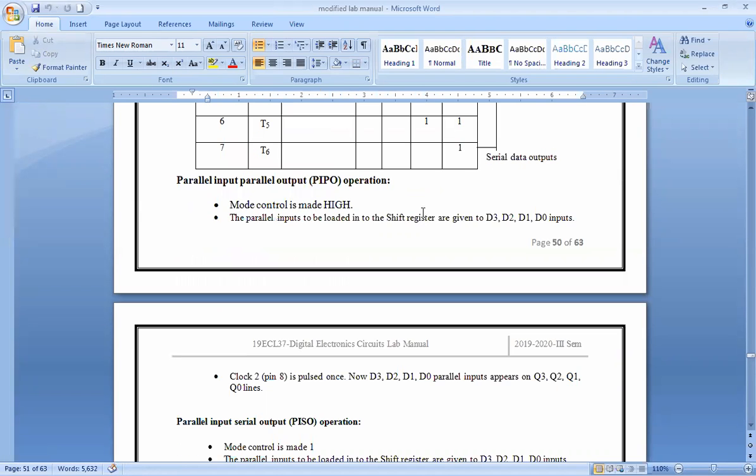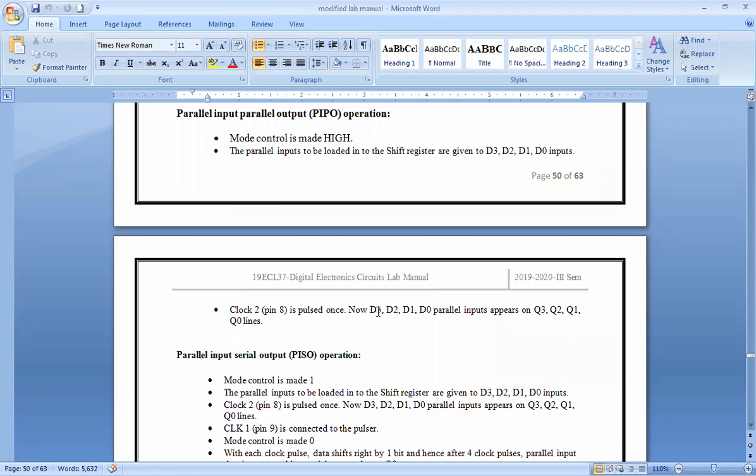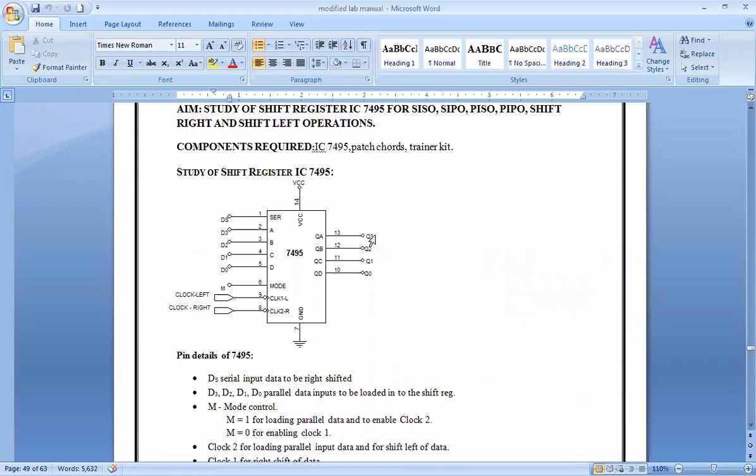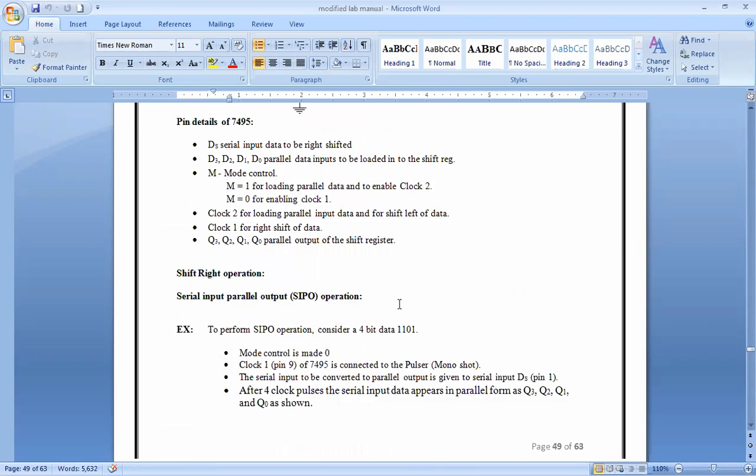So now D3, D2, D1, D0 are all having parallel inputs and all this will appear on Q3, Q2, Q1, Q0 because it is parallel input and clock 2 is enabled. So once you have clock 2 enabled, all these data will be available across your output pins 3, 2, 1, 0.